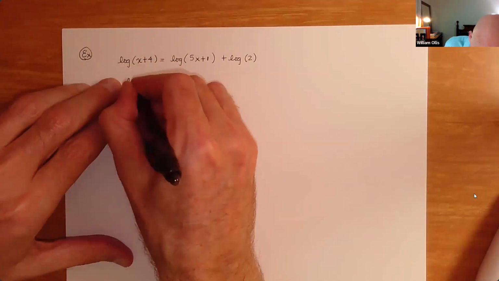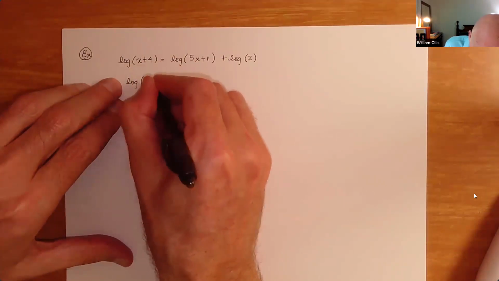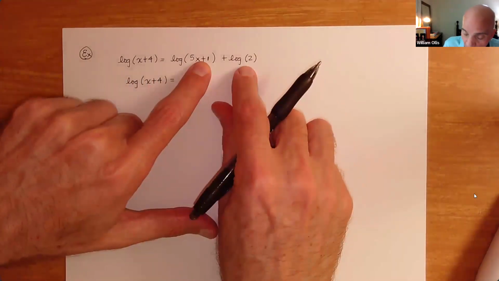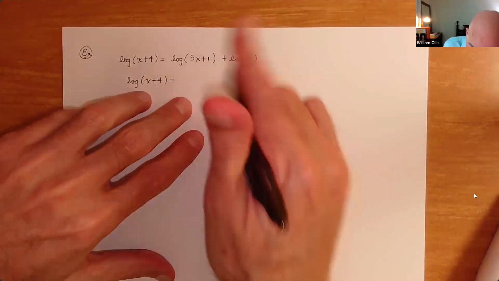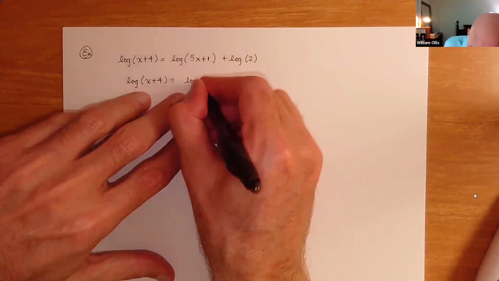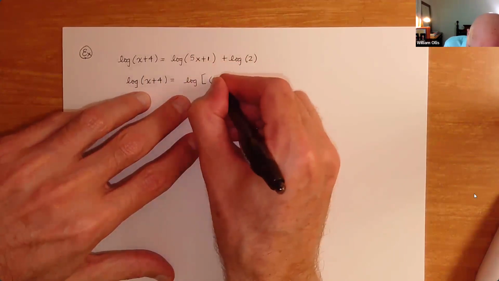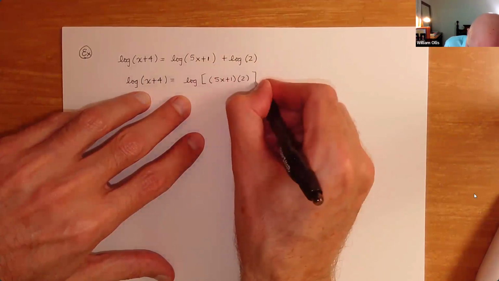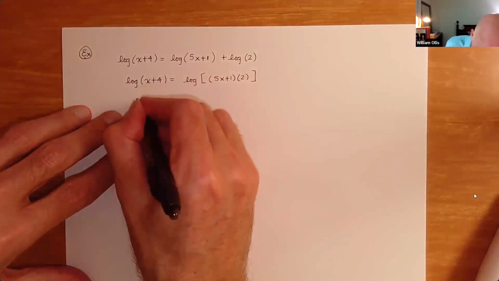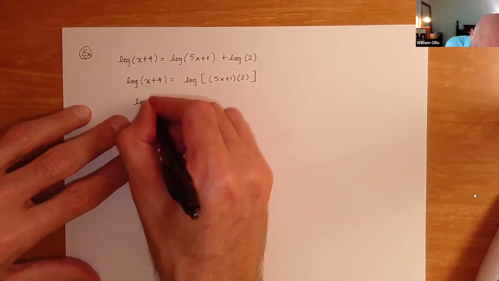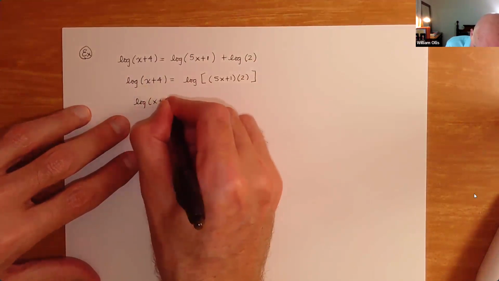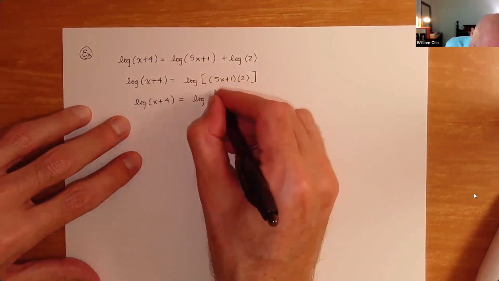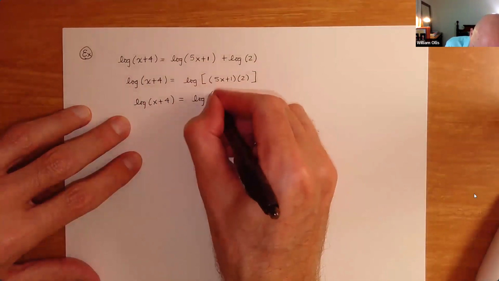So we have the base 10 logarithm of x plus 4 equals, now we have the sum of logs, which will now be the log of a product. So we have the base 10 logarithm of 5x plus 1 times 2. I'm going to go ahead and reduce this, just change up the technique just a little bit, just to make it interesting.